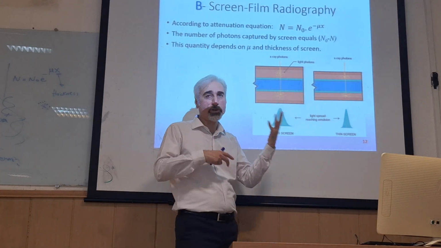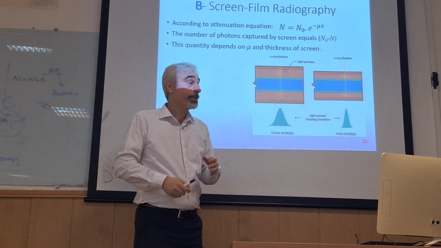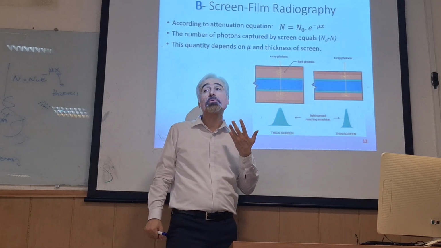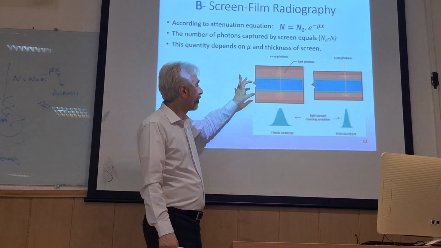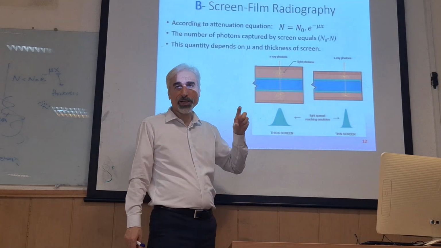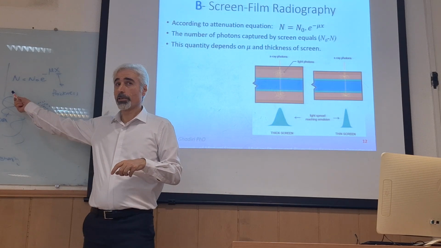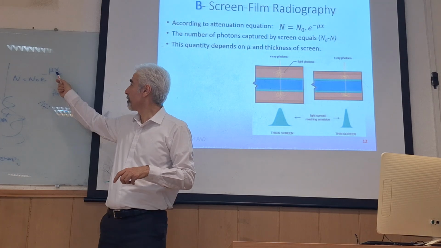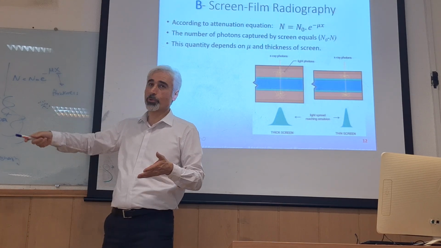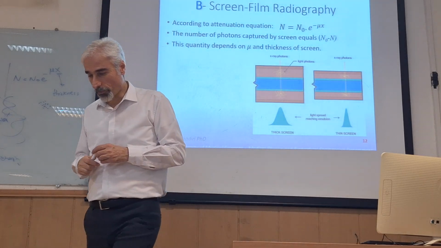In normal radiography, information is preferred to resolution. So we use a thick screen, because according to this equation a higher X means more absorption, so more information in the image.